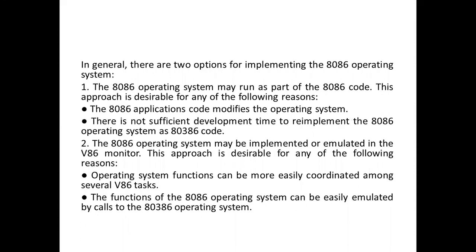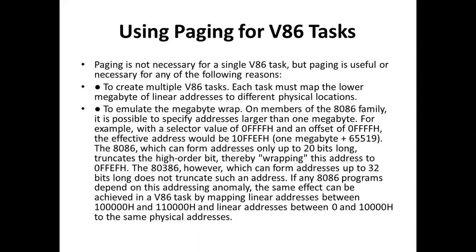We still have two options with this. We have discussed this part, so we will quickly go through it. One more aspect related to this is paging, and how it will be used.